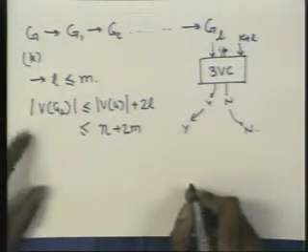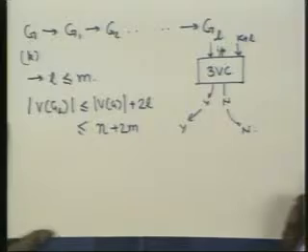The degree of each vertex in GL is 3, so the number of edges is also some constant times n plus 2m. So the size of GL, which is the number of edges in GL, is polynomial in the size of G. It's not too big.